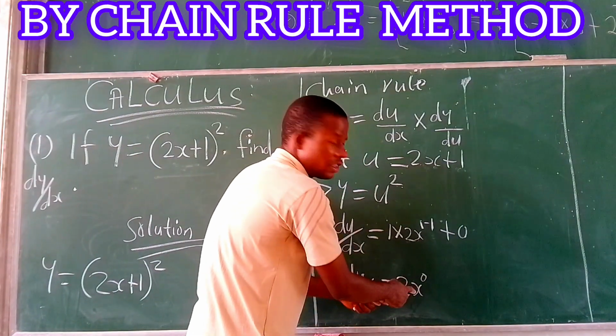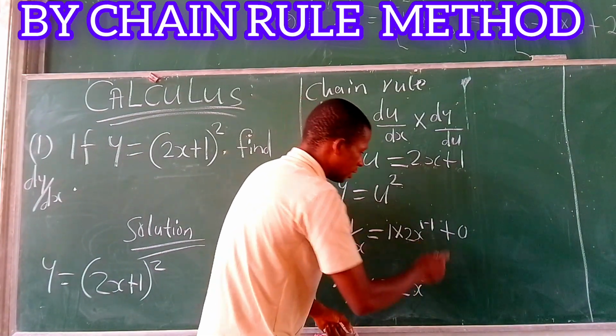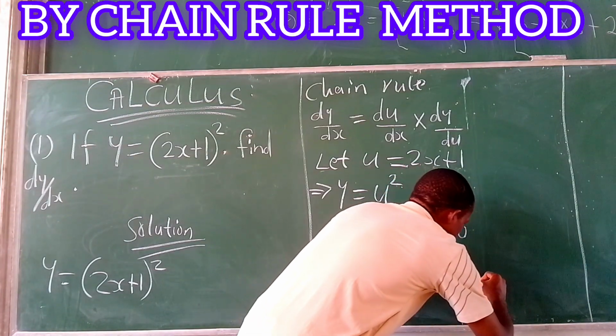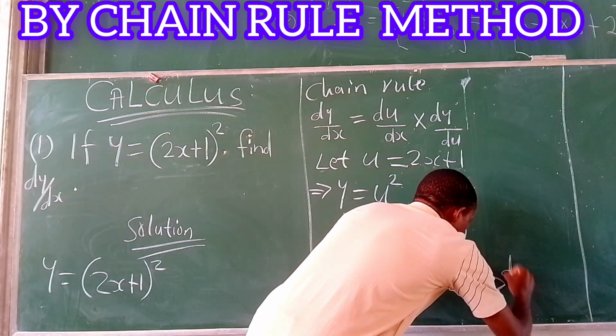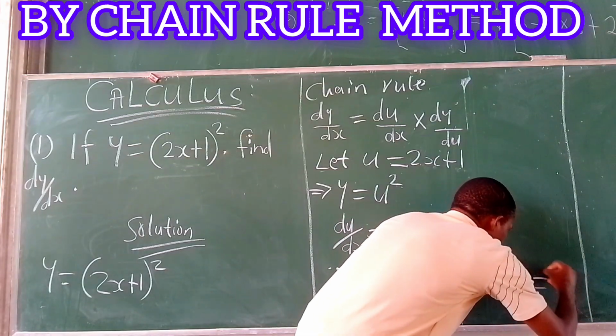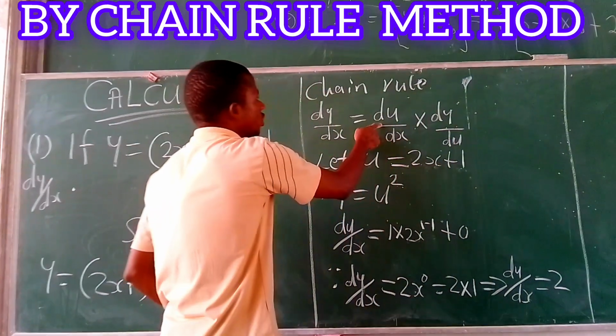But based on the law of indices, anything raised to the power of 0 is 1. So 2 times 1 implies that du over dx is equal to 2. Now we have gotten our du over dx.